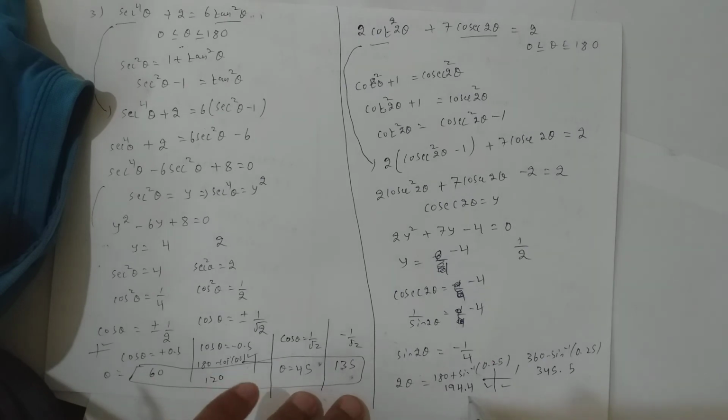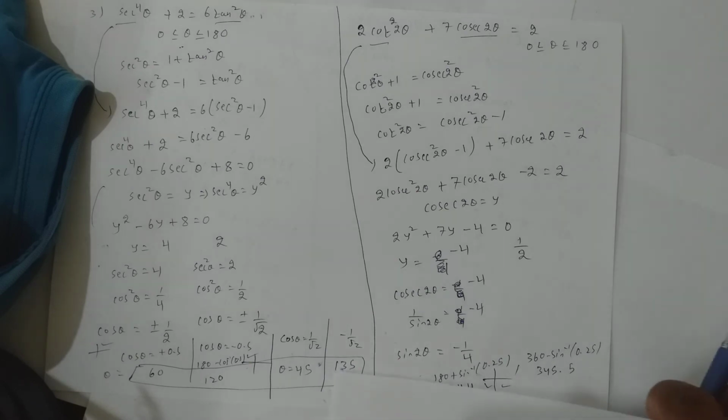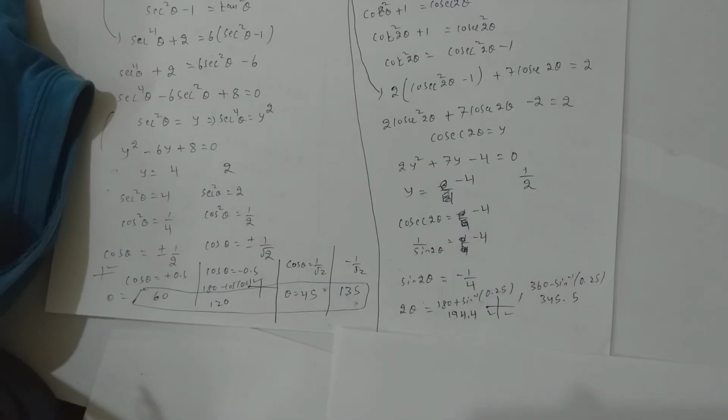So the angles are 194.4 and 345.5. Now I need to divide by 2 to get the angle. So theta equals 194.4 by 2 and the other one is 345.5 by 2, which results in 97.2 and the other one is 172.76.